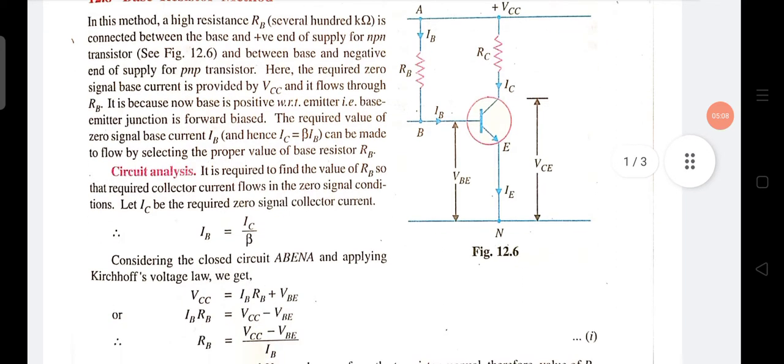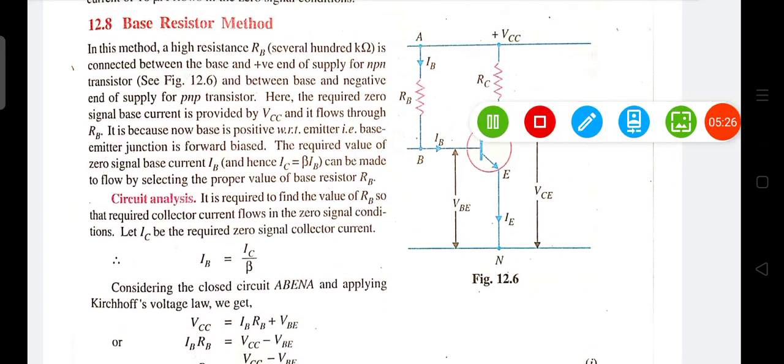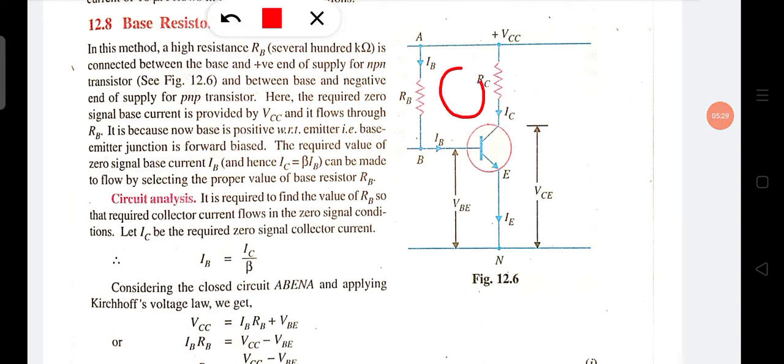Then consider the closed circuit and apply Kirchhoff's voltage law. In this circuit we apply KVL, and we get VCC equal to IB RB plus VBE.